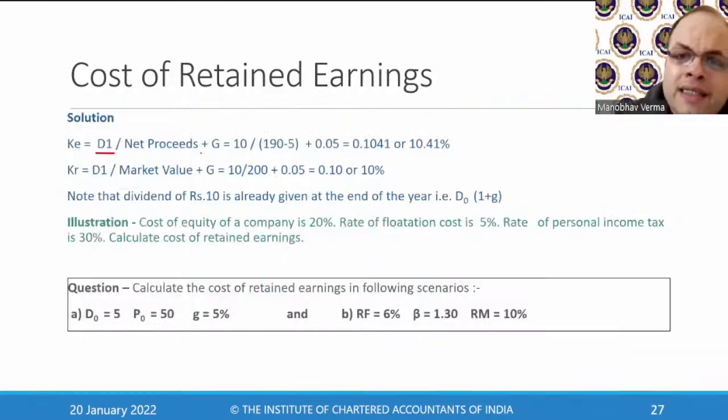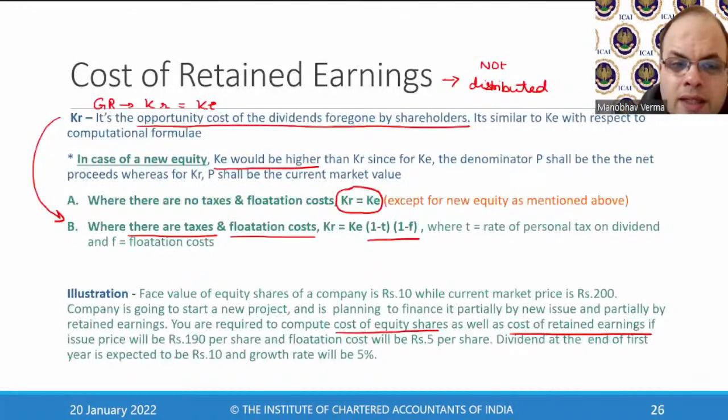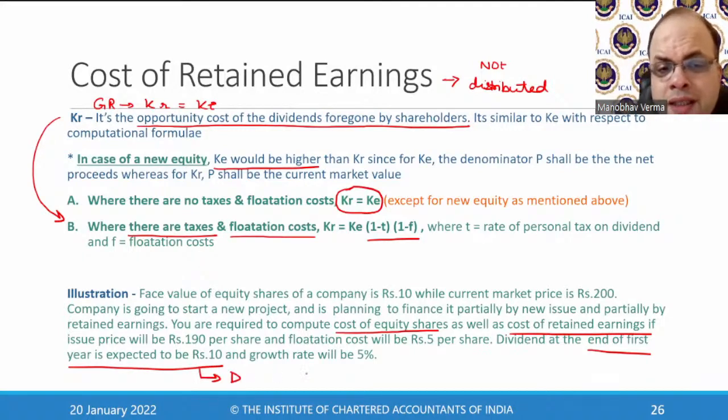Interestingly, in this case it is given to us already: dividend at the end of the first year is expected to be rupees 10. Very important, guys. That means they're already giving us D1. This is not D0, so don't multiply it by 1 plus 0.05 again. This is already D1, that's 10.